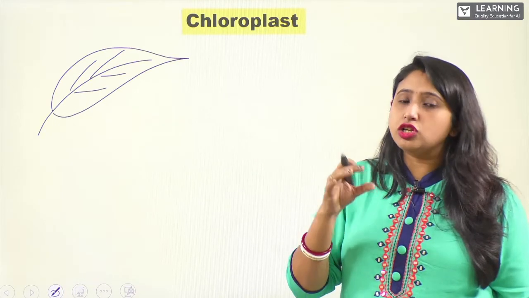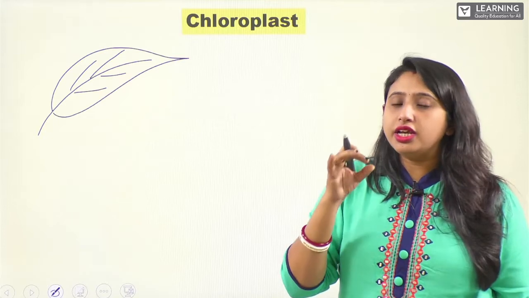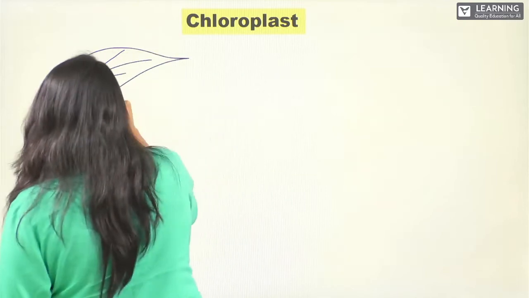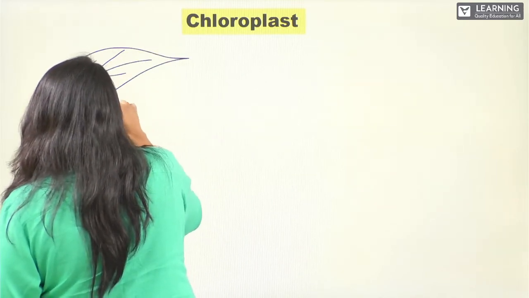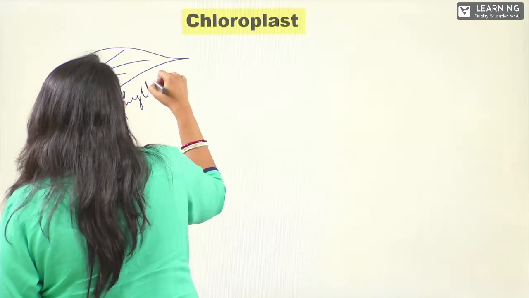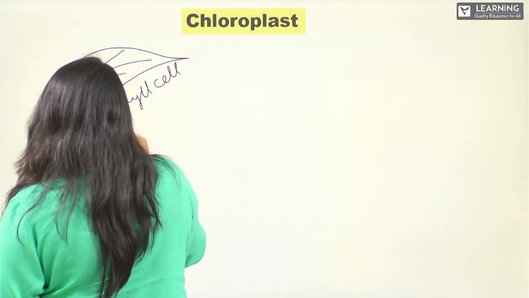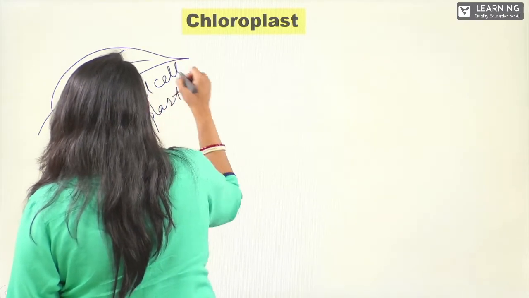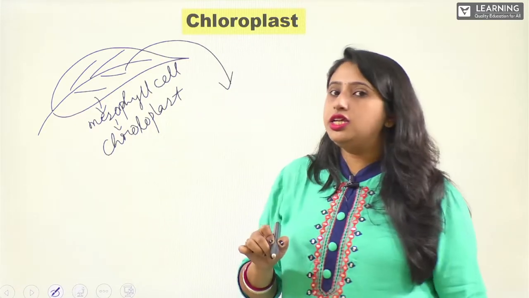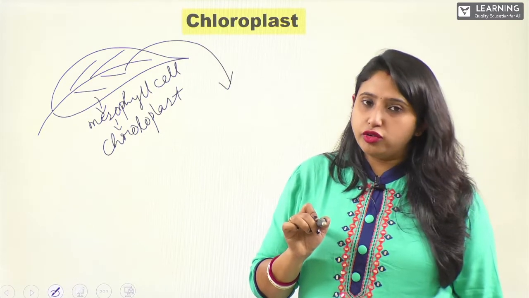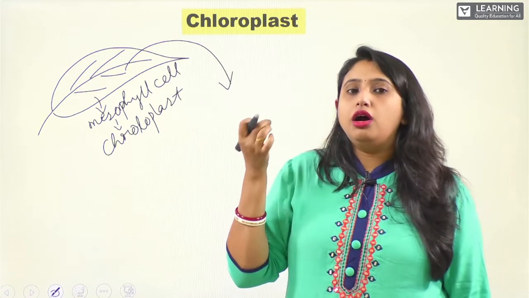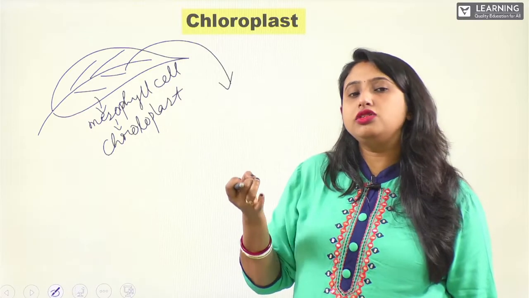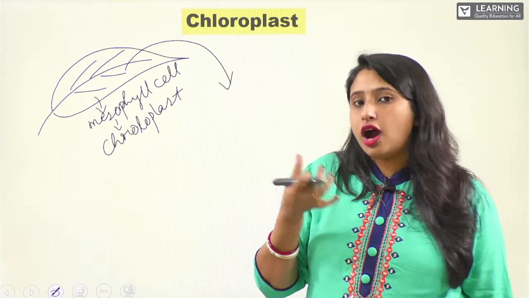So what do the mesophyll cells contain? The mesophyll cells contain the chloroplast. Now, if you take a leaf, dissect it, stain it, and see the chloroplast under the microscope, how will it look?